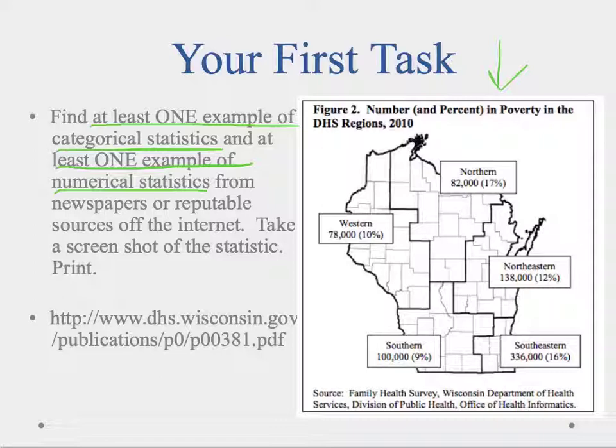And make sure you print that. And in my statistics, you can see my source is down here. You may or may not get that source in there, but if you take a screenshot, I'd hope you'd have the website on that screenshot. Mine is looking at the statistics of the percent of people who live in poverty. And here in La Crosse County, we do have 10% of people who live in poverty.